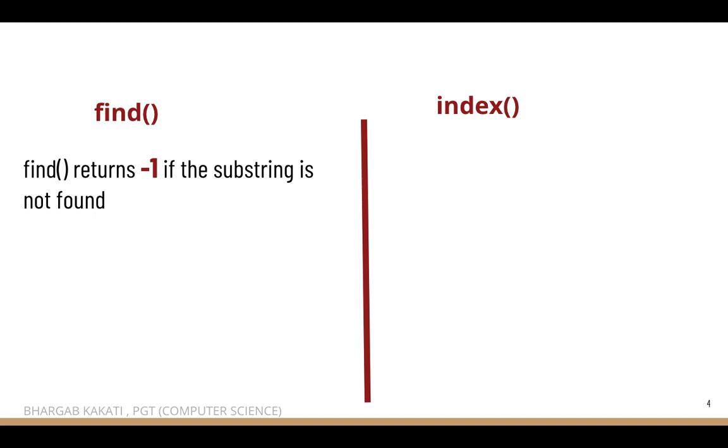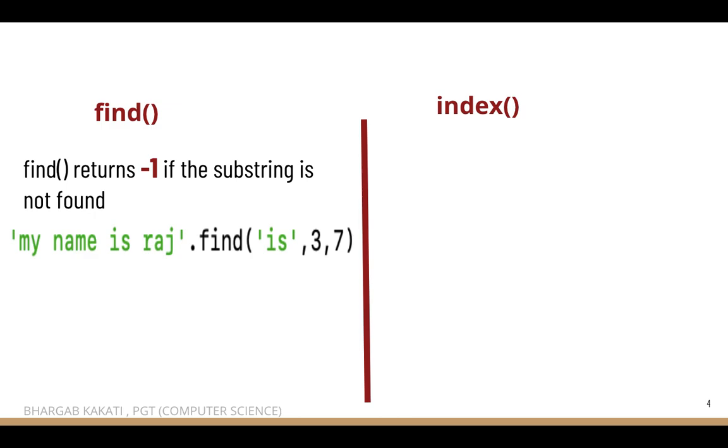The first point says that find function returns -1 if the substring is not found. If you remember the previous part's concept regarding the find function, whenever we used the find function to find a substring which is not present within the range, it returned -1.